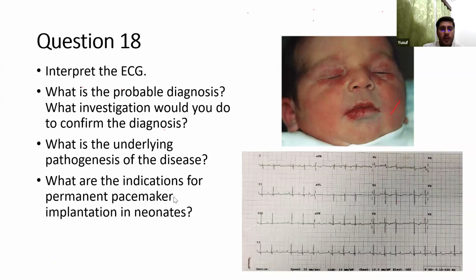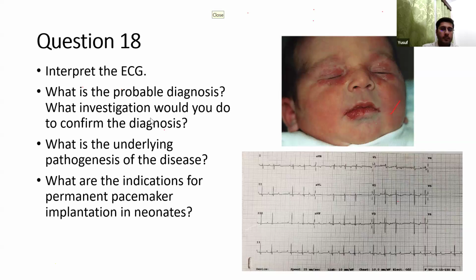And what are the indications for permanent pacemaker implantation in a neonate? A little more specific, can we be? Okay, so just to go to the answer, yes, 55 it is right.